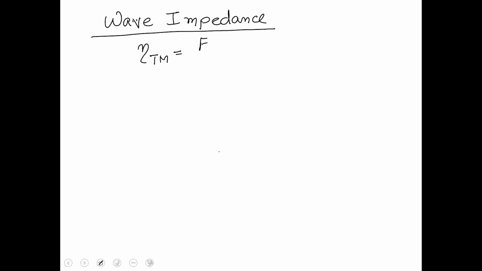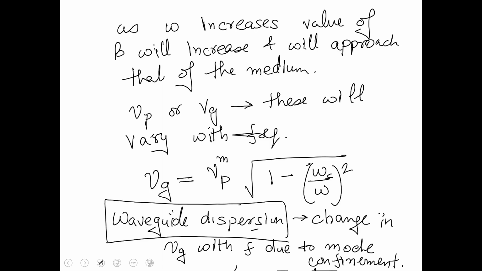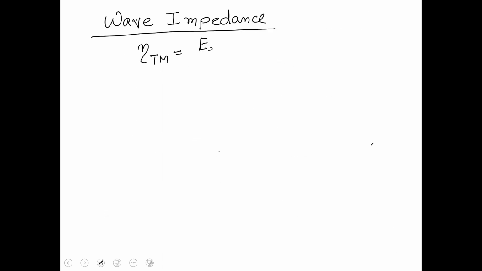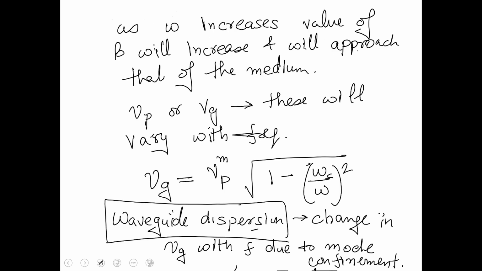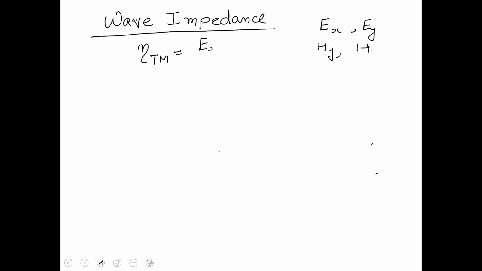Remember for TM mode, you have Ex present, Ey present, Hy present, and Hx present. This forms one pair carrying wave power. This forms another pair carrying wave power.